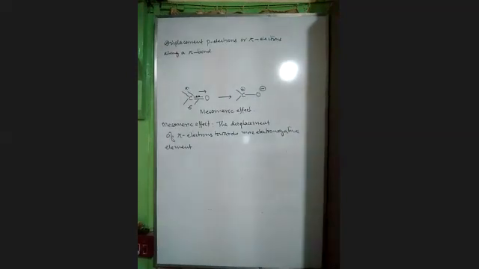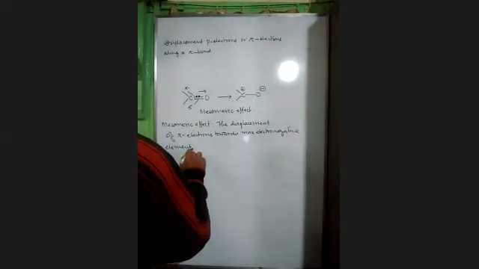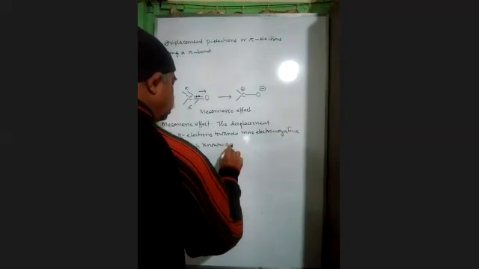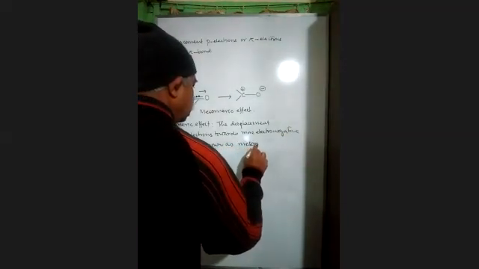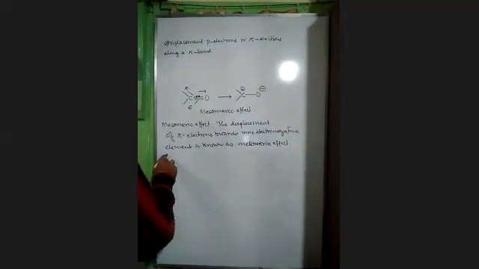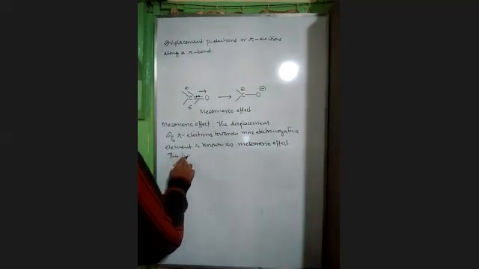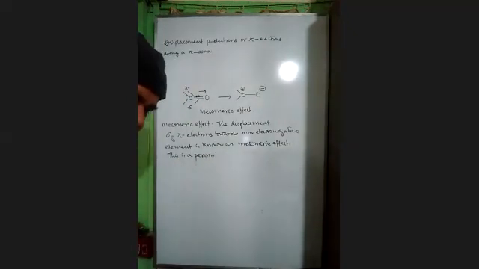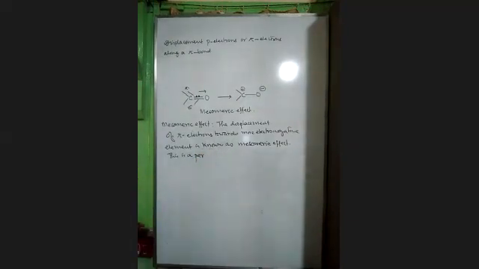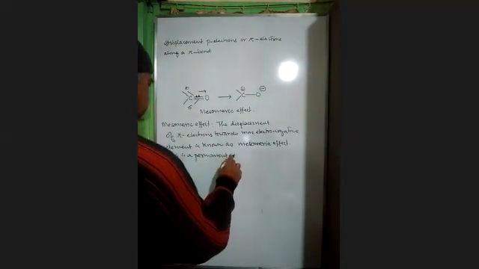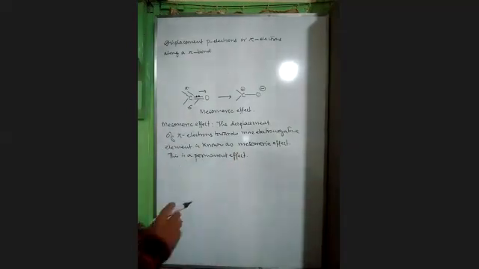The displacement of pi electrons towards a more electronegative element is known as mesomeric effect. This is a permanent effect.